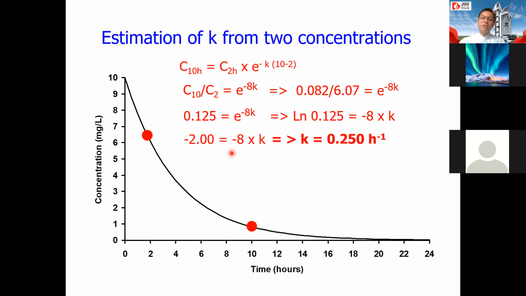So we apply it here. C2 and C1, so C2 to C1 becomes 0.5, because it goes to the half.